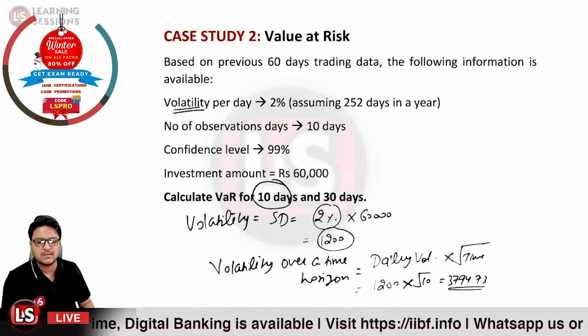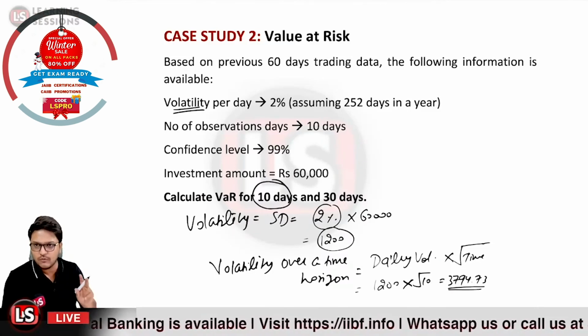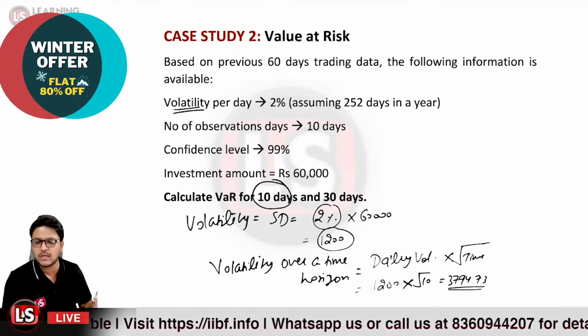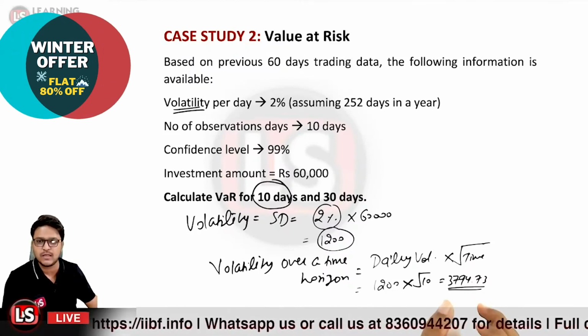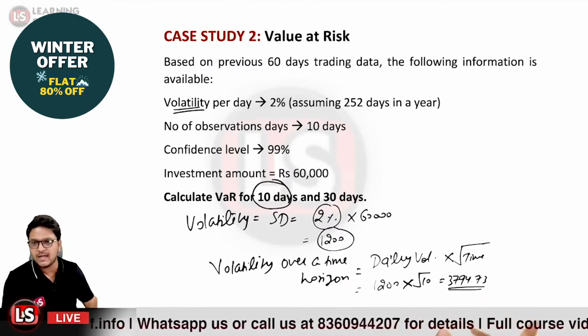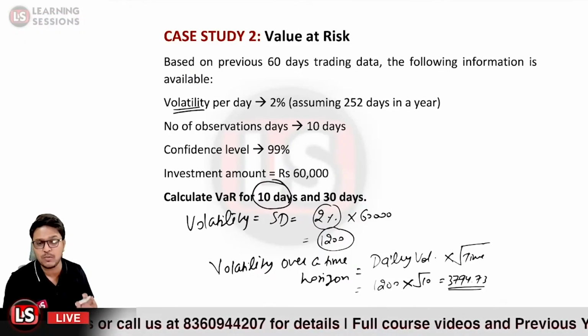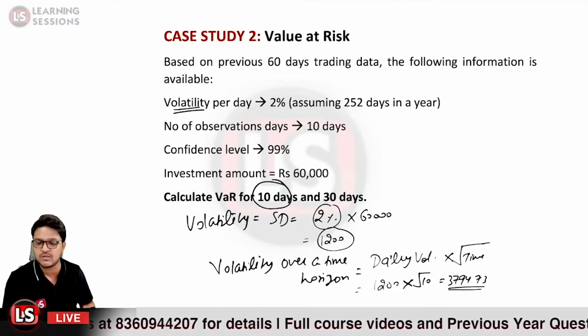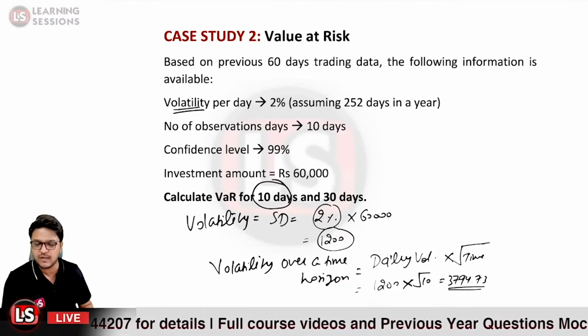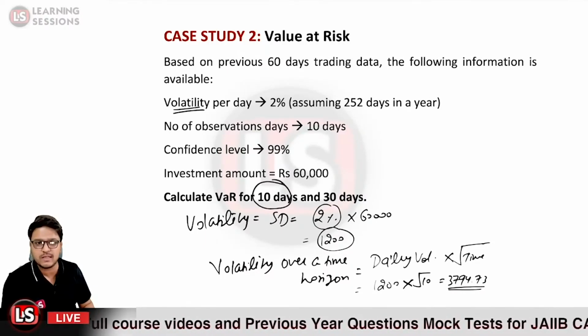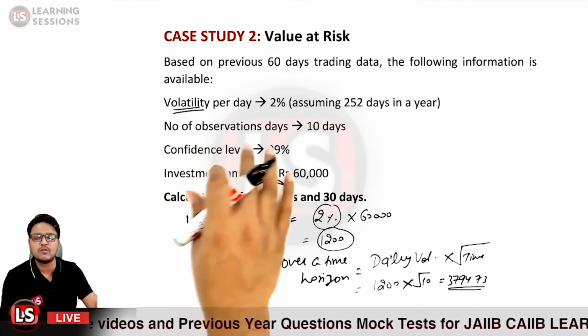But in the case of VAR, if you remember, there are two factors. First of all, we need to calculate the uncertainty. So we calculated the uncertainty amount. And the second factor was related to the probability of occurrence, which we can predict by using the Z table. So we will be looking at the different values of the Z table, because the confidence level over here is given to be 99%.